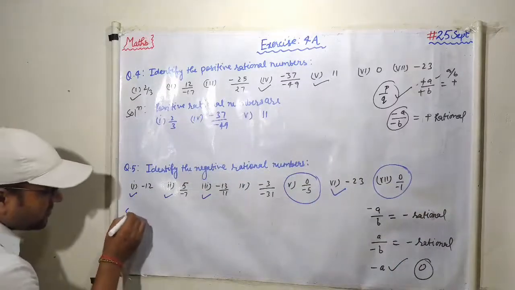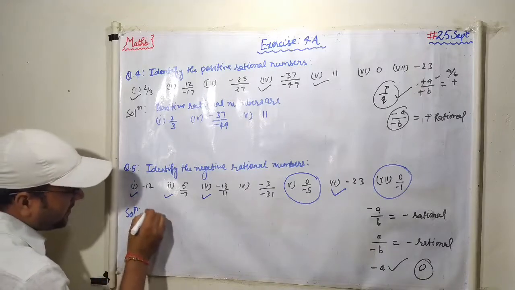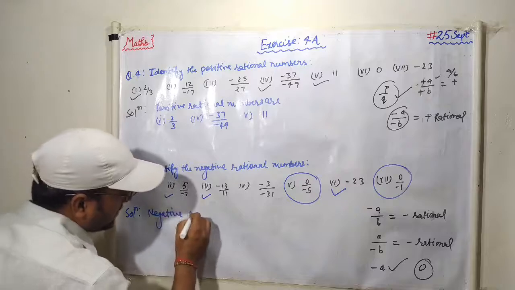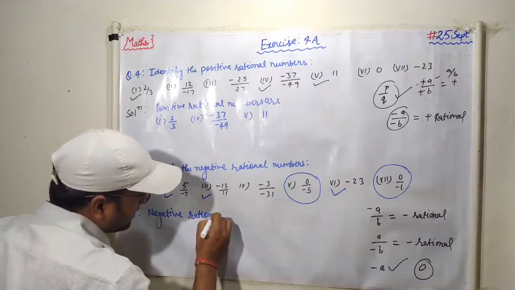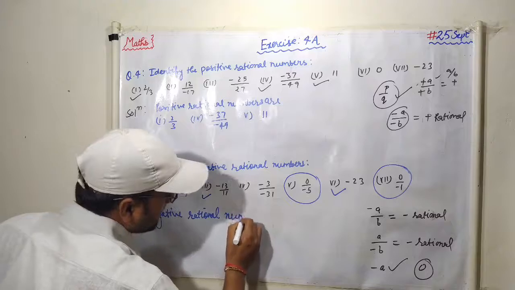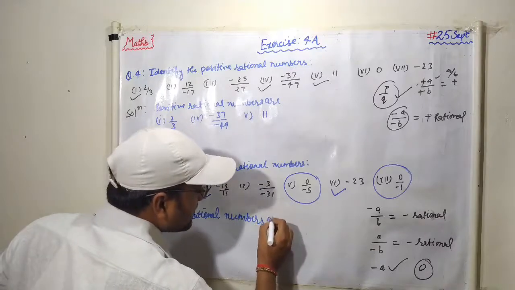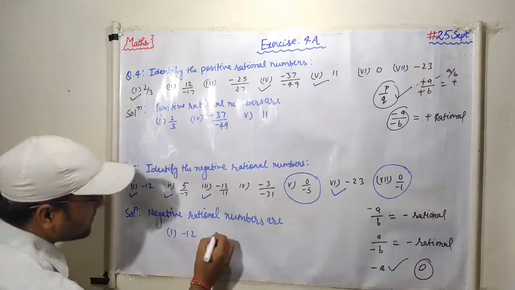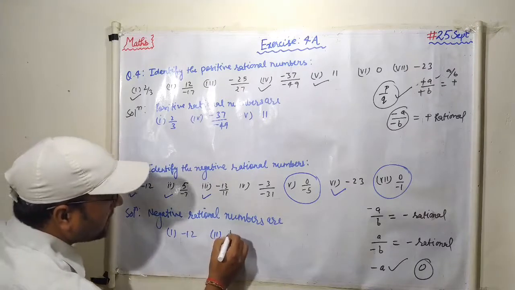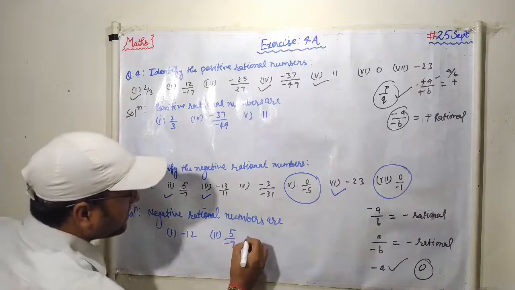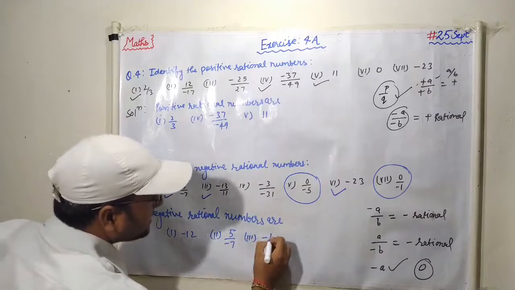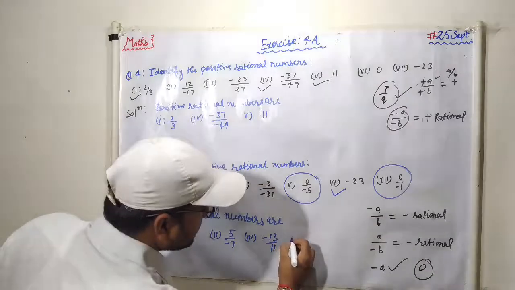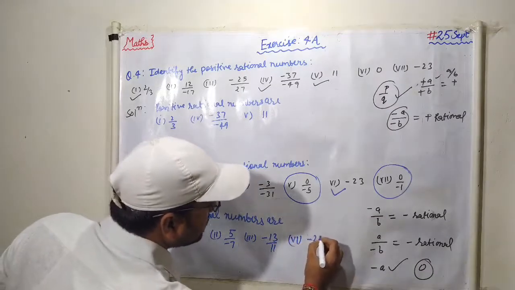So in your solution, students, the negative rational numbers are: first one minus 12, second one 5 upon minus 7, third one minus 13 upon 11, sixth one minus 23.